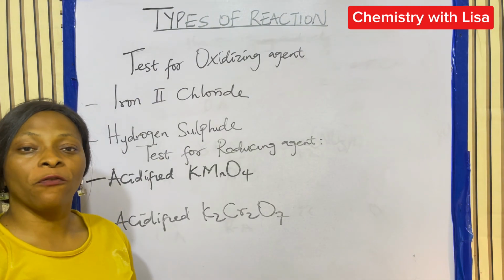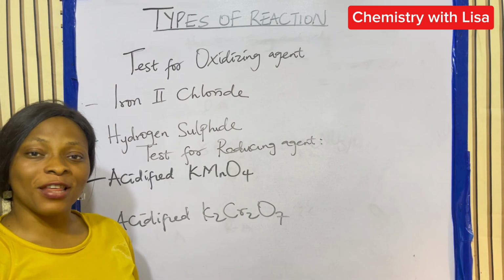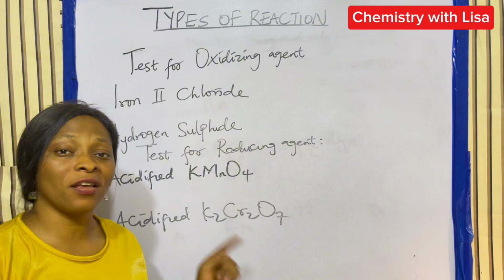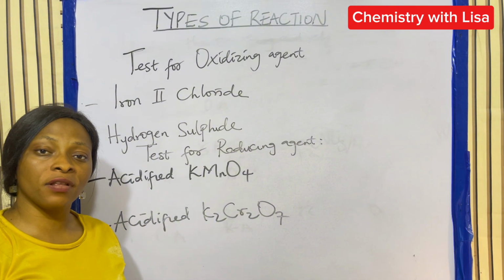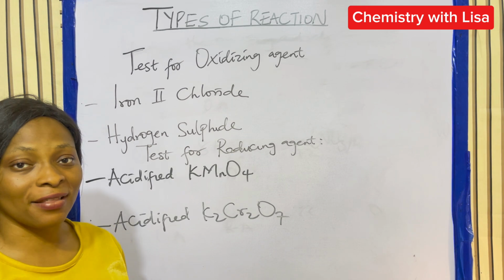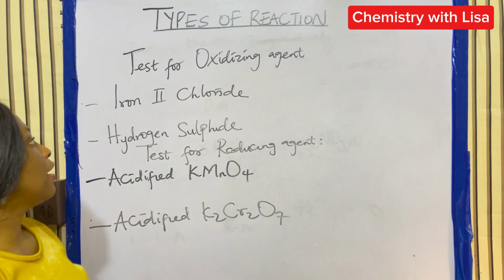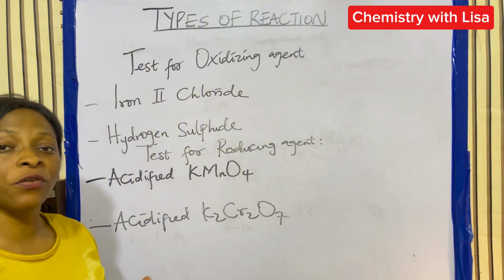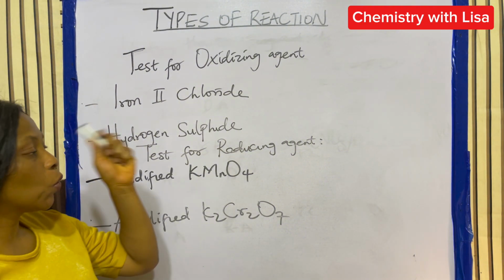So let's look at how to test for oxidizing and reducing agents. To test for oxidizing agents, you use a reducing agent, and to test for reducing agents, you use oxidizing agents. I hope we are clear. Here we are using iron 2 chloride.